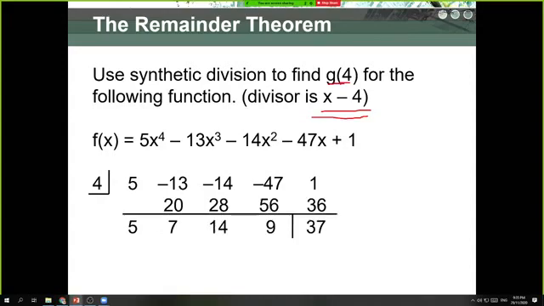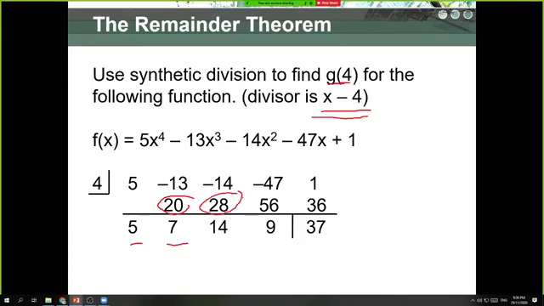So the process is simply bring down 5, multiply 4 and 5 to get 20 here, and then you have negative 13 plus 20, you'll have 7 there. Multiply 4 and 7 to get 28.